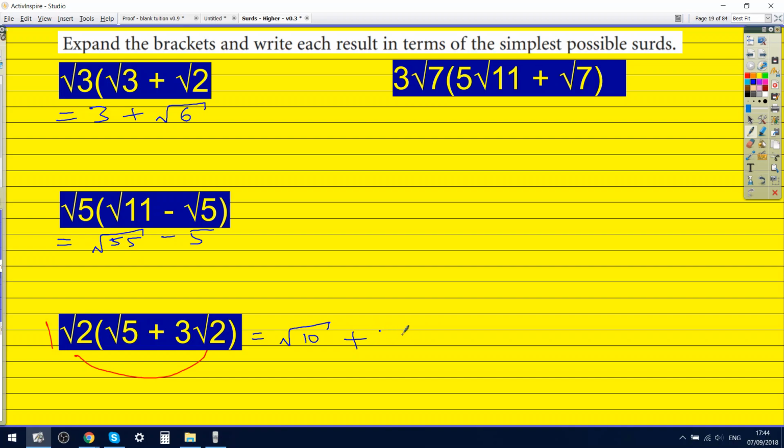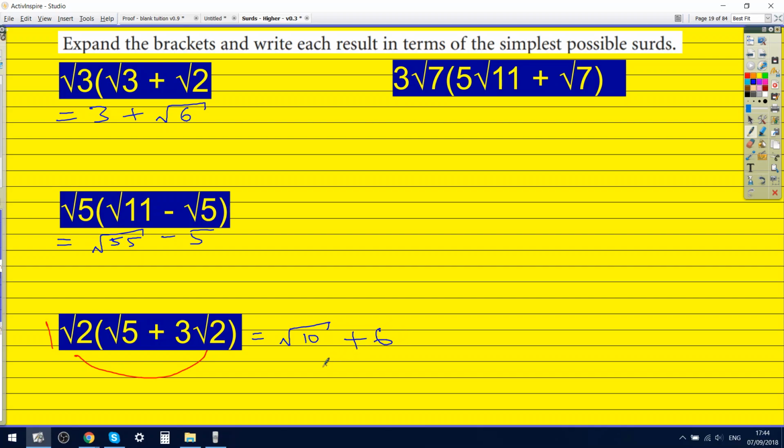And then what? Add. Multiply. Oh, but that's 3. So 1 times 3 is 3. Root 2 times root 2 is 2. And so 3 times 2? 3 times 2 is 6.